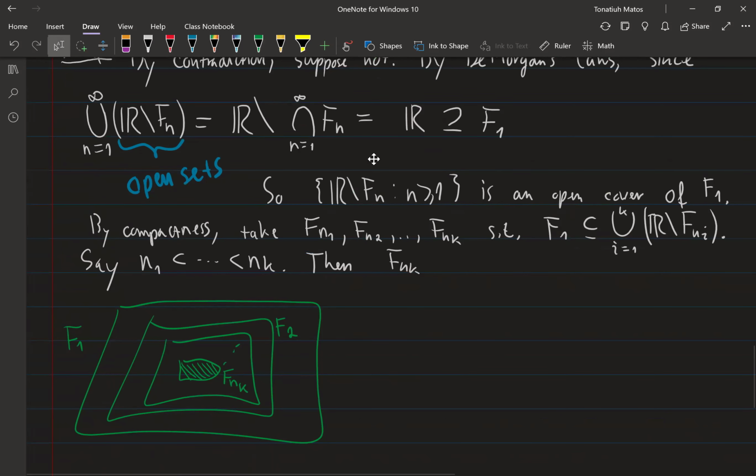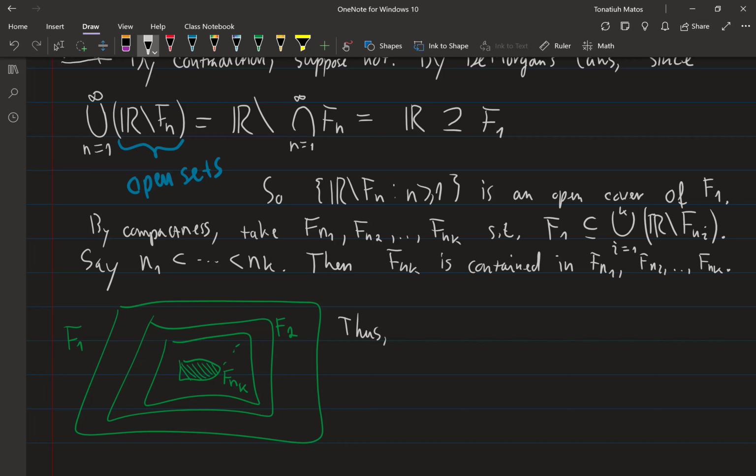So what does this tell you? What does it mean that F is contained in the complement of all of these? F1, and by extension, everything else, right? So where is the contradiction here? Fnk is contained in Fn1, Fn2, all the way up to Fnk, including itself, right? It's contained in all of them.